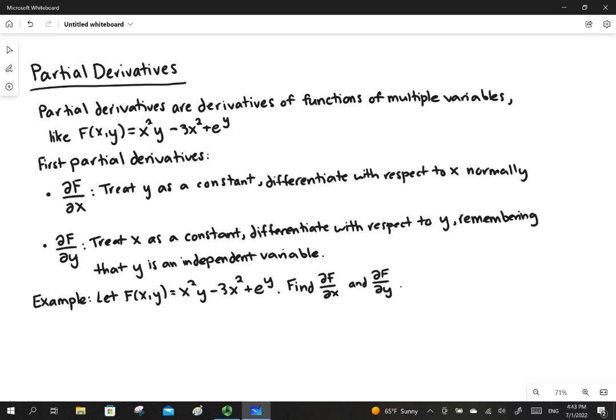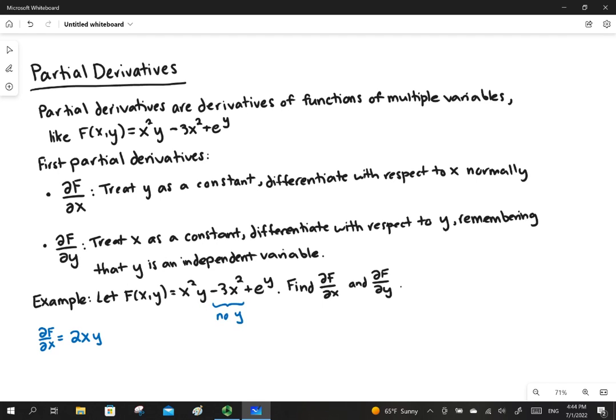So going term by term, the y in x squared y is being treated as a constant. So it is just going to stay there as is. And then we are taking the derivative of the x squared. So that becomes a 2x, and we get 2xy.